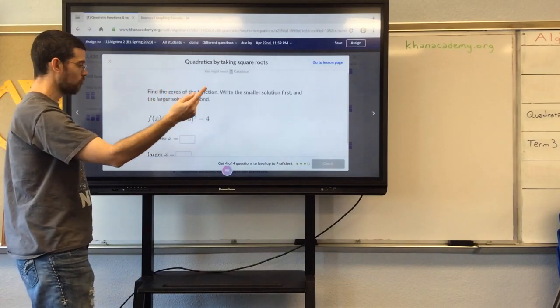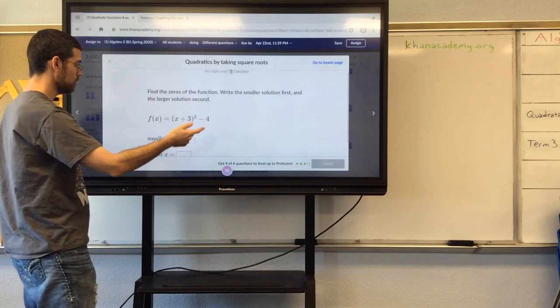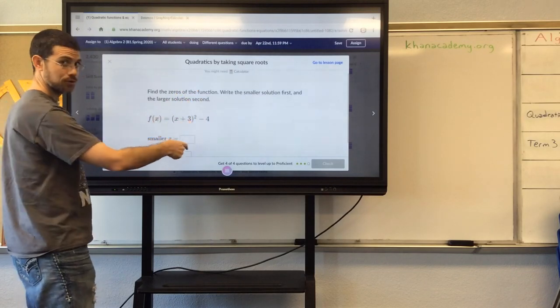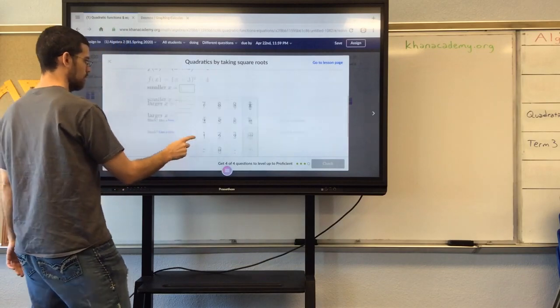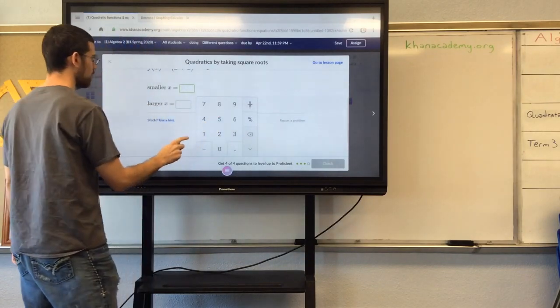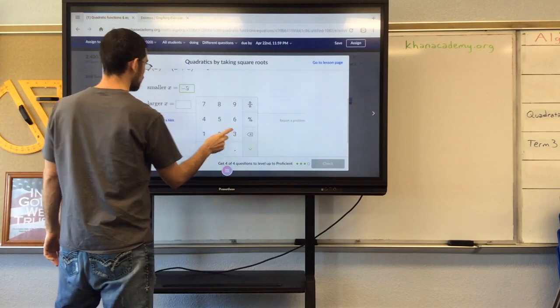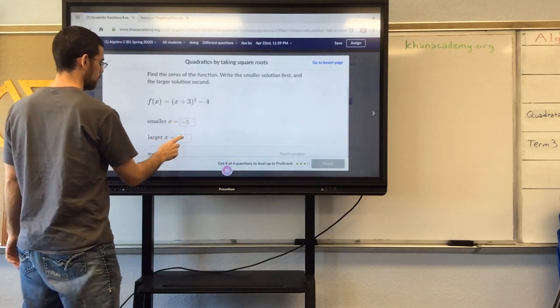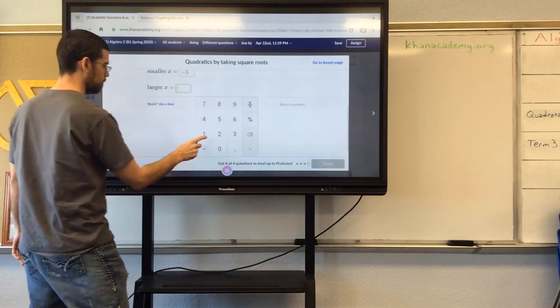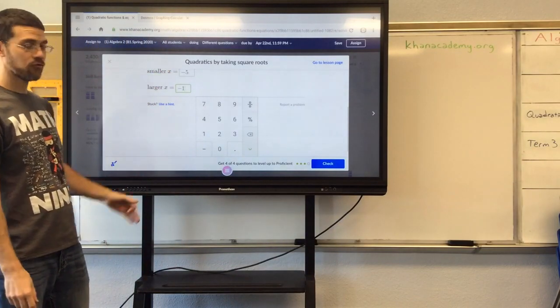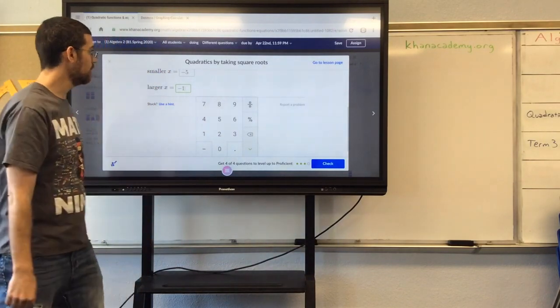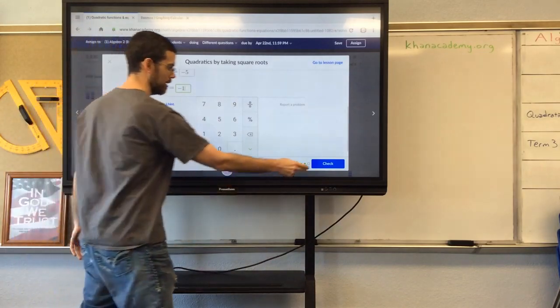The square root of 4 is plus or minus 2. Plus or minus 2 minus 3 is negative 5. And negative 1. Negative 1 is a larger number than negative 5 because it's further to the right on the number line.